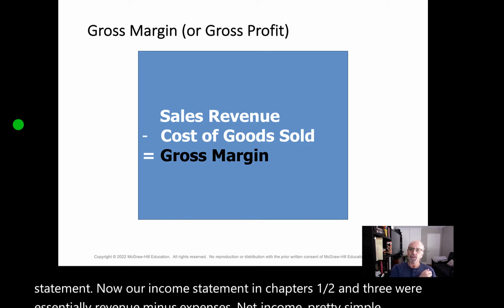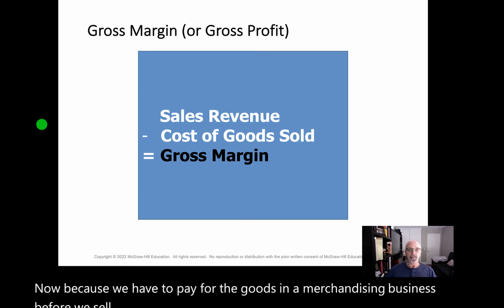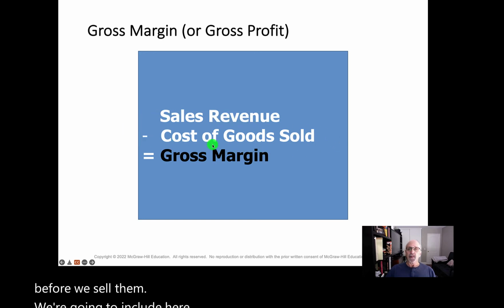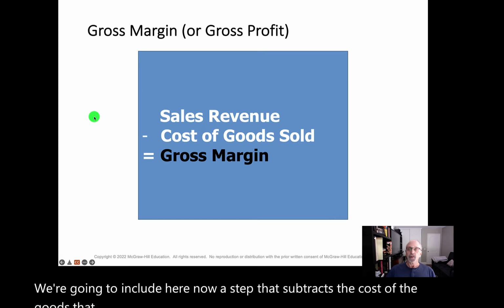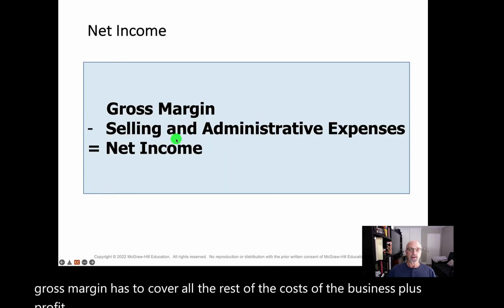Now, because we have to pay for the goods in a merchandising business before we sell them, we're going to include here now a step that subtracts the cost of the goods that we sold from the sales revenue, giving us gross margin. Now, gross margin has to cover all the rest of the costs of the business plus profit. Net income.